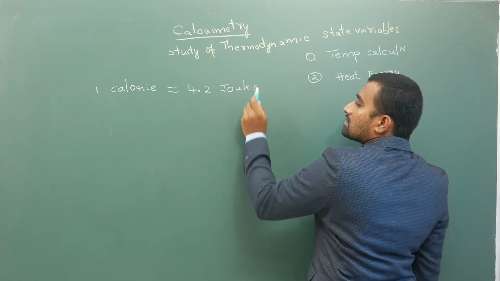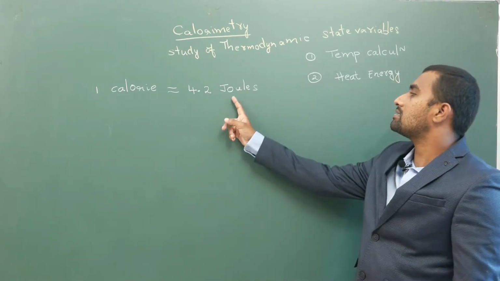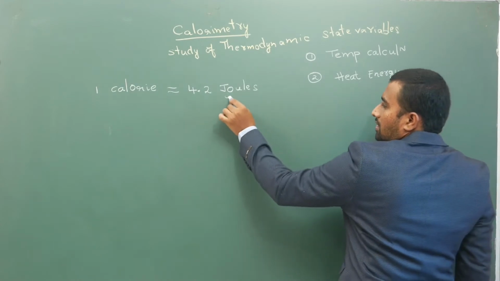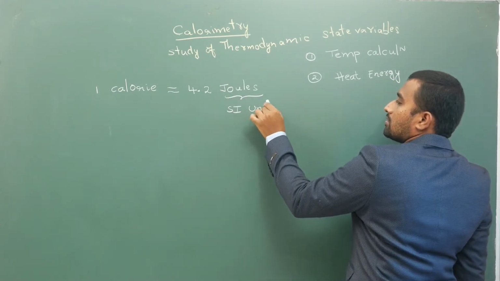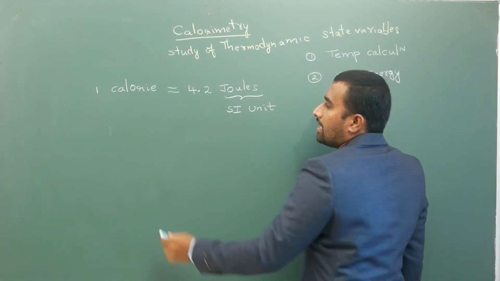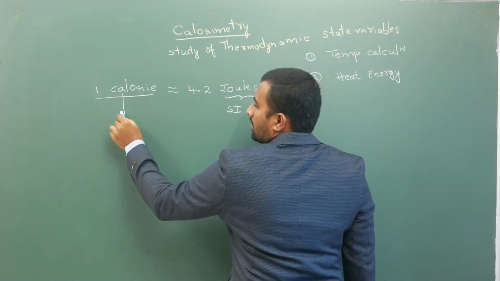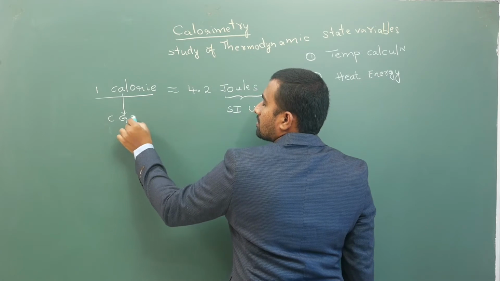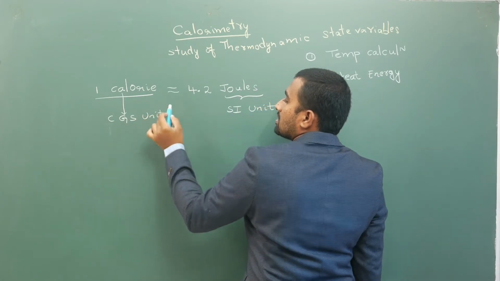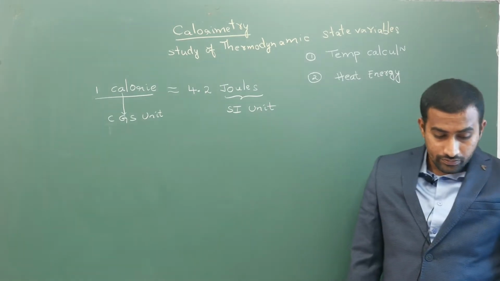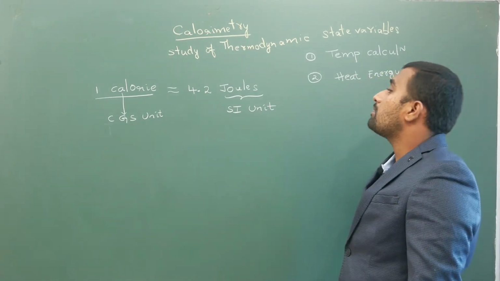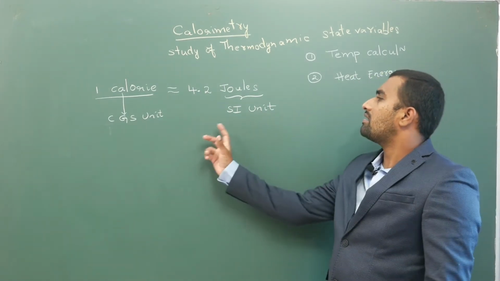This joules energy is the SI unit, and calorie is the CGS unit. Now, why are we defining two units?